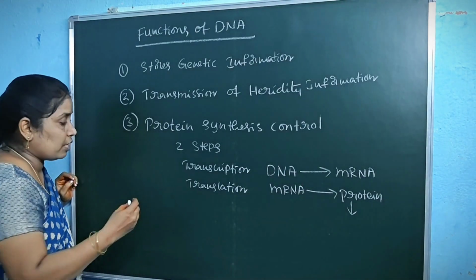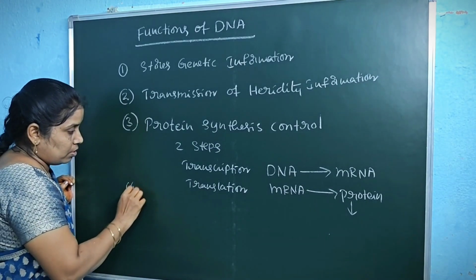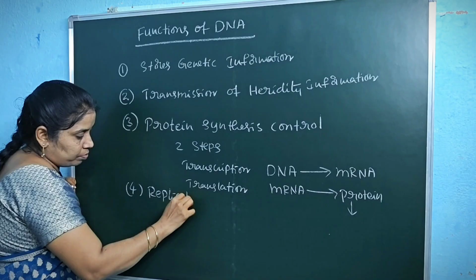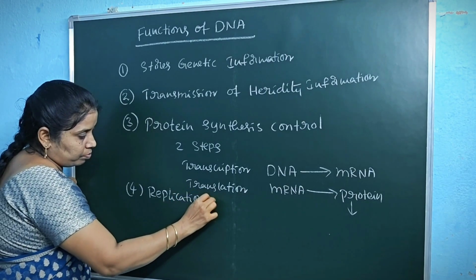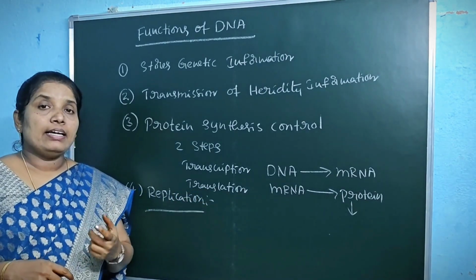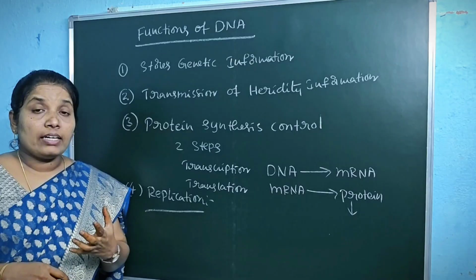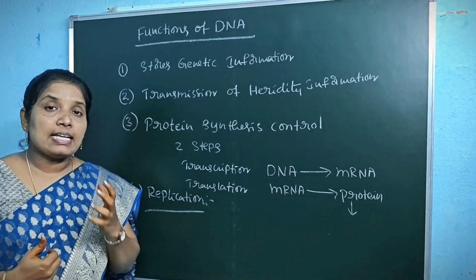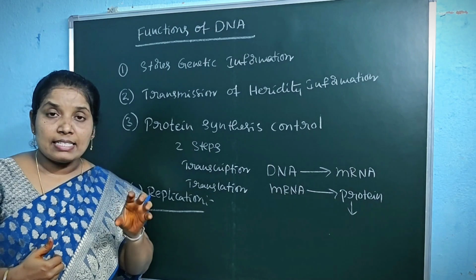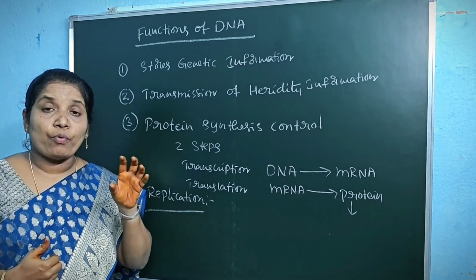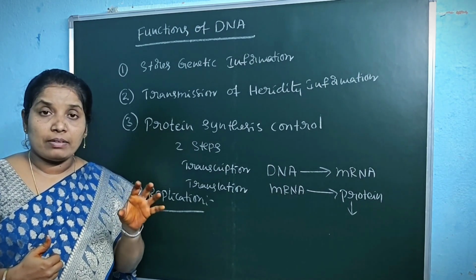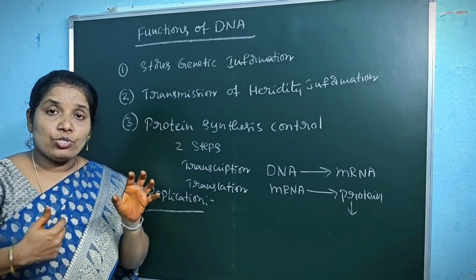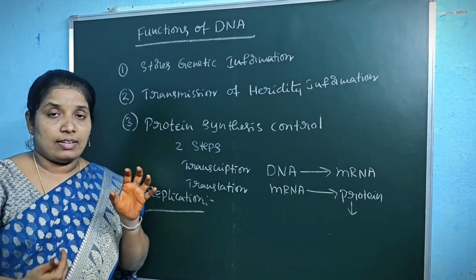Let's see the next function, that is replication. DNA can make an exact copy of itself. During cell division, the parental cell has to provide the genetic information, nothing but DNA, and share this DNA with two daughter cells.